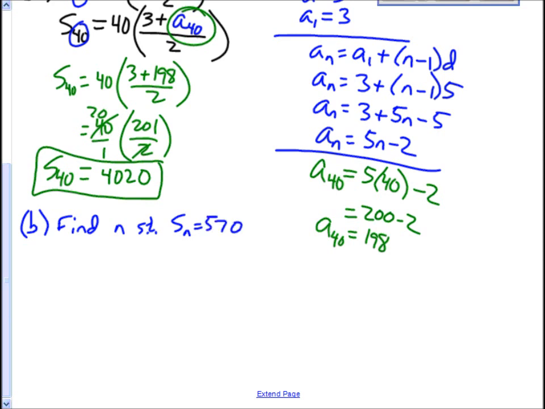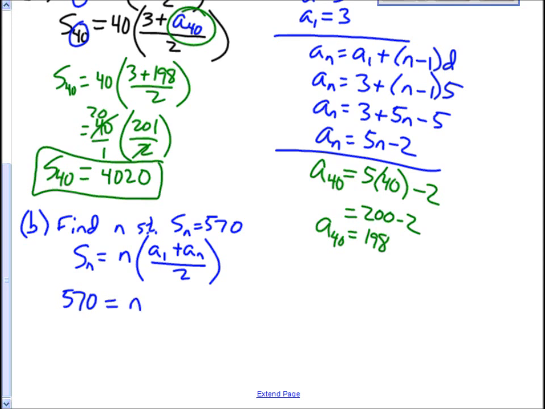So you want to go ahead and write out the sum formula. Let's see what we can fill in here. Okay, so there's our formula. So we know the sum of n terms. We don't know what n exactly is, but we do know it ends up being 570. So we fill that in.